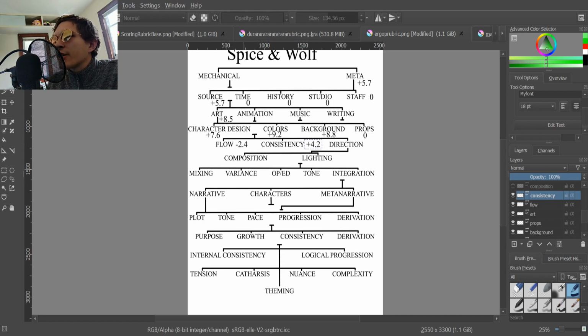And then direction. Let's look at composition. The composition in Spice and Wolf just kind of is. It doesn't really do anything particularly spectacular. It's a 0. It's just completely average. It works. It's not boring, but it doesn't do anything for you, really.